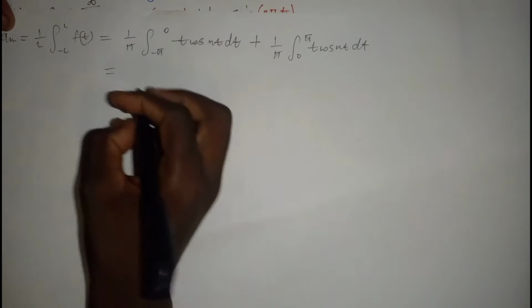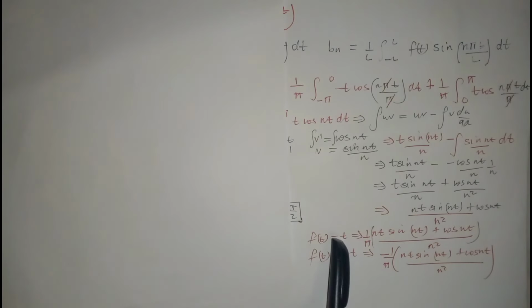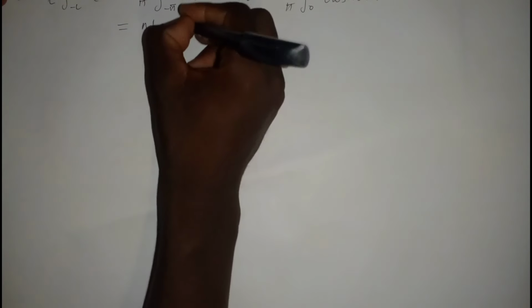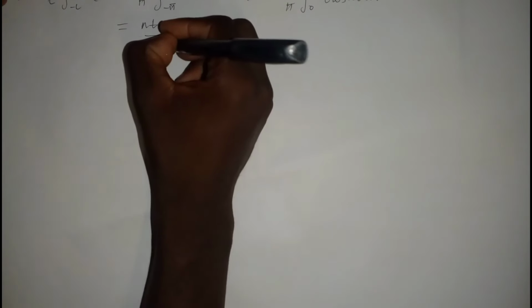And we have integrated here for positive t and for negative t. So we have nt sine nt over n squared pi. For this one, we're going to have plus cos nt on top.